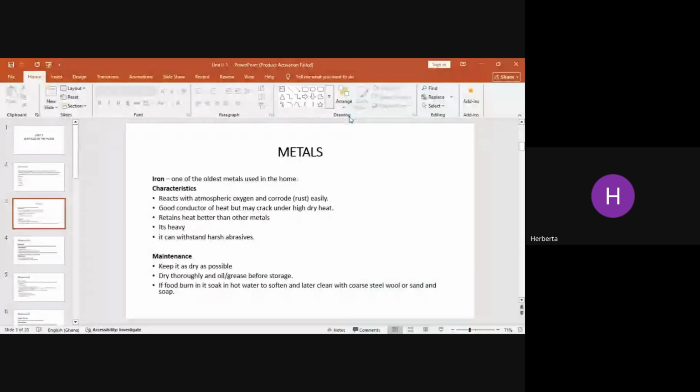And iron is one of the oldest metals that are used in the home. What characteristics does iron possess? Iron is reactive, or it reacts with atmospheric oxygen, so it easily corrodes.